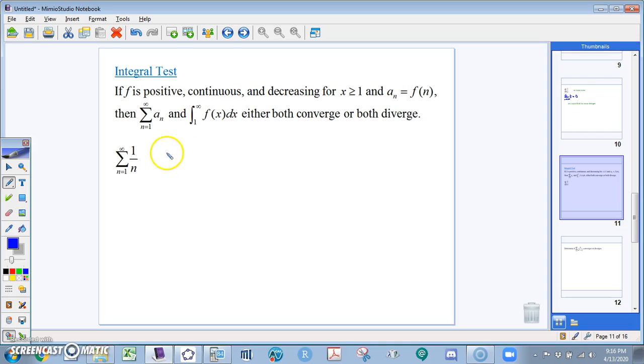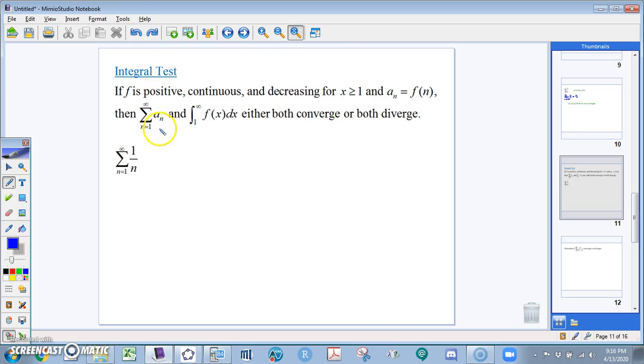The integral test is a really awesome test. It says basically that if you have a function that matches the sequence, so kind of like we did when we were doing limits of sequences, if we find a function that matches the sequence at all of the natural numbers, and that function happens to be positive, continuous, and decreasing for x greater than or equal to 1, or for x greater than or equal to whatever the beginning index of our series is.